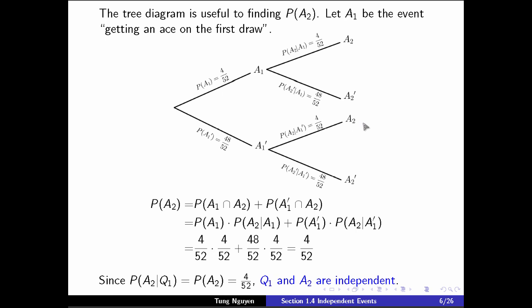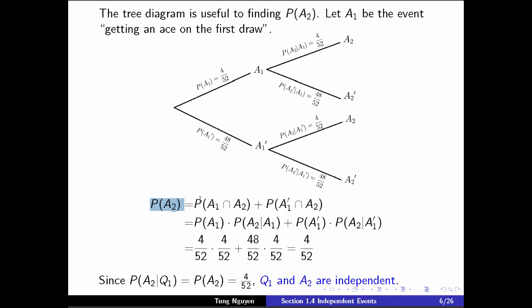So to compute this probability of A2, we can follow the branches which lead to A2. So we have two paths here. Okay, this one and then this one. And along the same path, we just simply multiply those probabilities together.